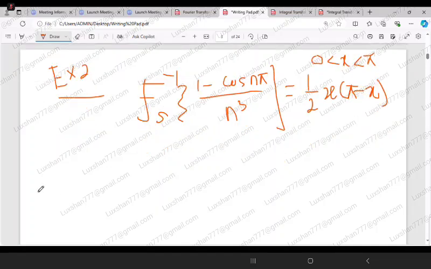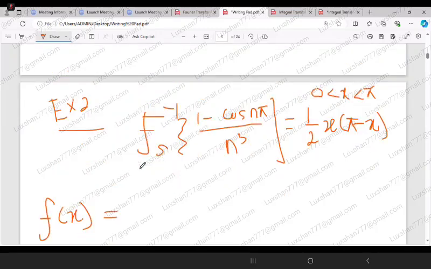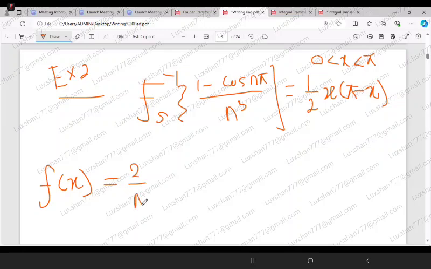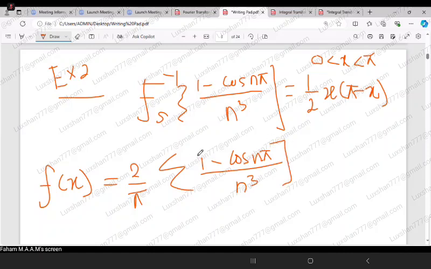So if you use the previous way, you can say that your f(x) is equal to 2 over L, that means 2 over pi, summation of (1 minus cos n pi) over n cube into sine of n pi x over L, no?